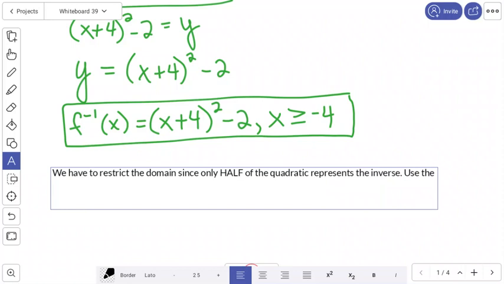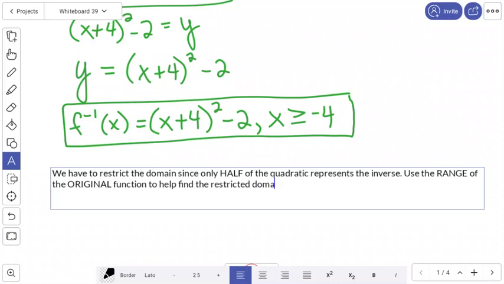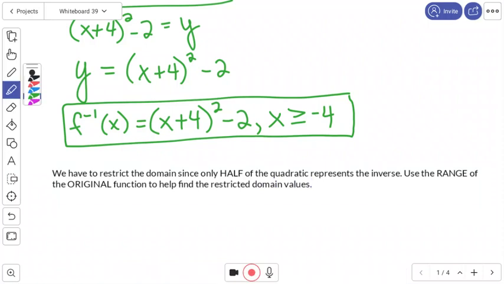We are going to use the range of the original function to help find the domain restrictions, or the restricted domain values. Okay?